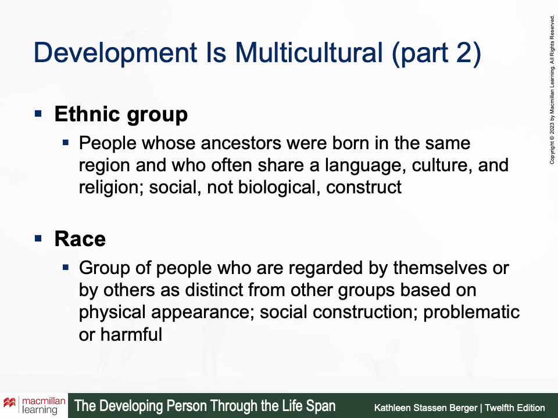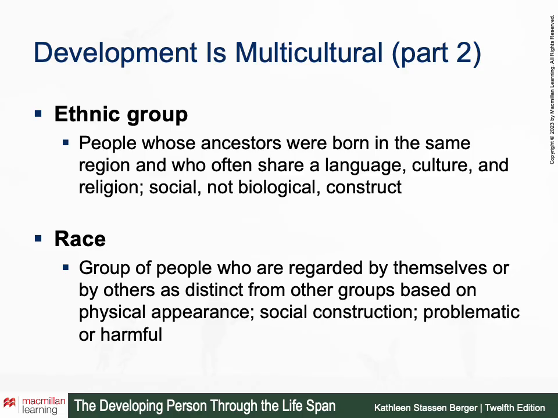As we're talking about the multicultural, we also learn about the difference between an ethnic group and race. An ethnic group is really a group of people whose ancestors were born in the same region and who often share a language, culture, and religion. Social, not biological construct. Okay, so this is not biology. This is, again, sort of when you think regional, right?